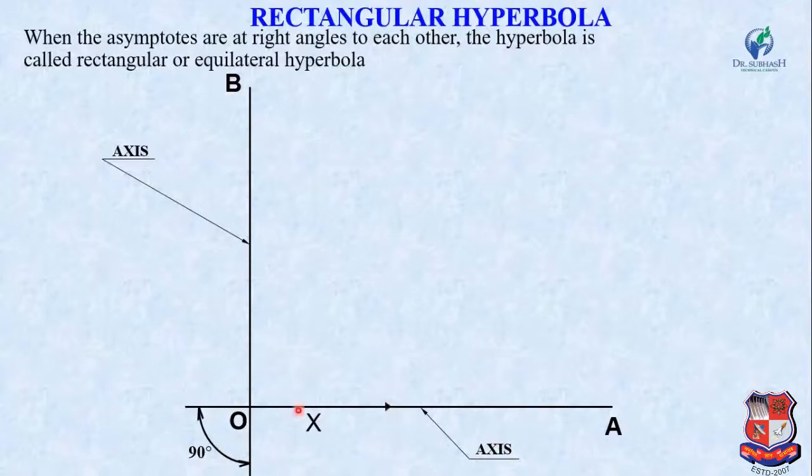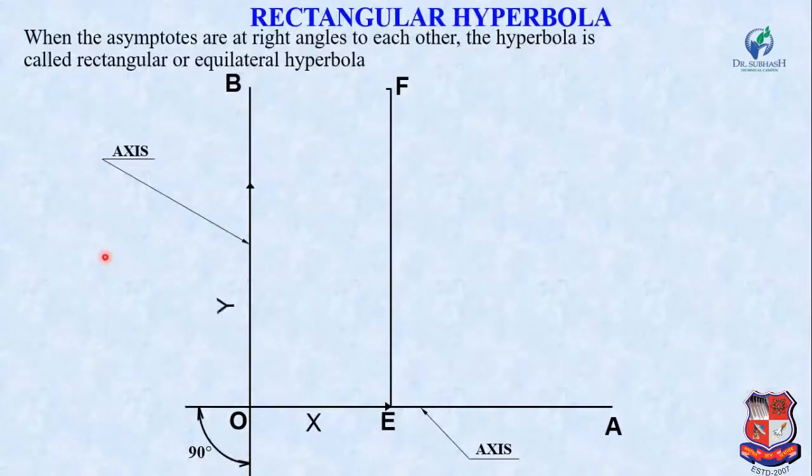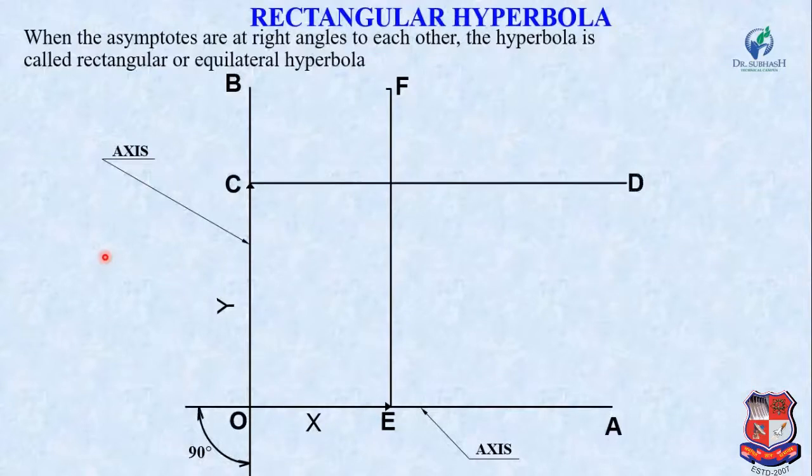So this is the asymptote x, and mark a point E at distance x, and draw a vertical line EF which is parallel to OB. Now similarly, mark a point on this line OB at a distance of y, and this point is C. Now from point C, draw a horizontal line CD, and these two are the asymptotes x and y as per the given data.